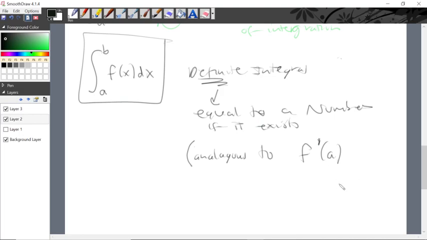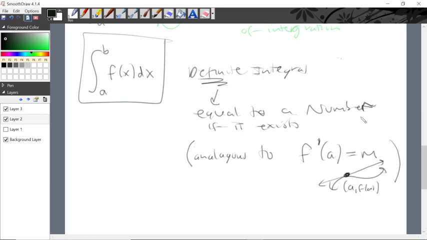So geometrically, if there was a function and if there was a specific point with coordinates a, f of a, what f prime of a is telling us is the slope of this particular line right here, this specific line. Therefore, when the limit of the difference quotient existed, as long as the limit existed, this would equal a number. In the same way, this integral right here is a definite integral.